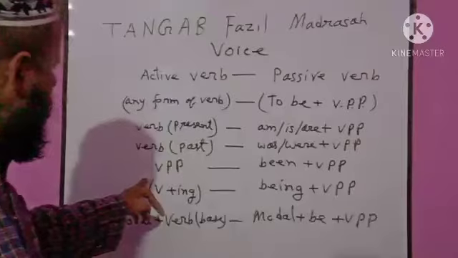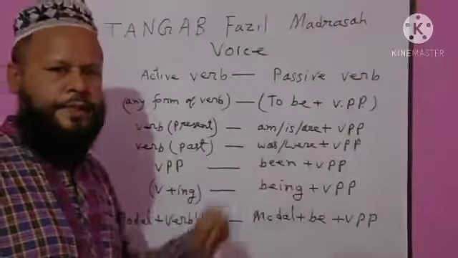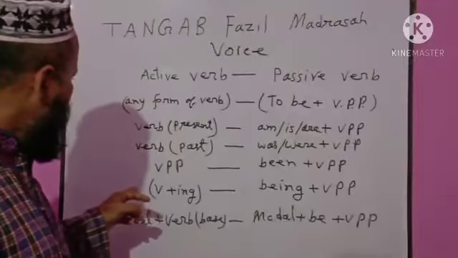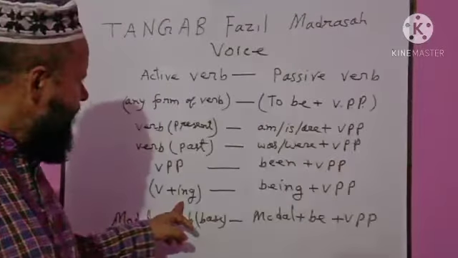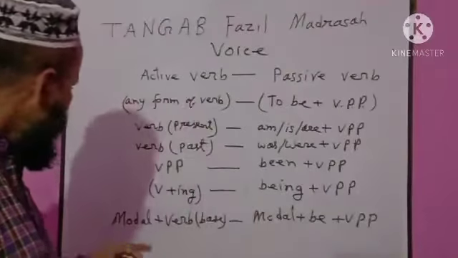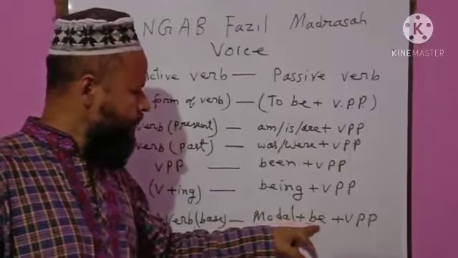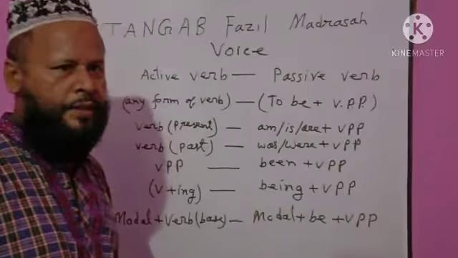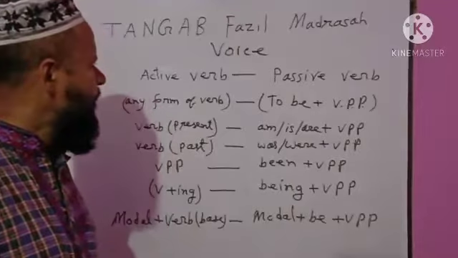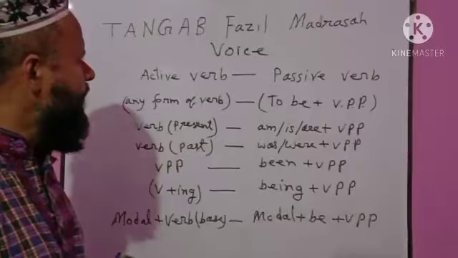Verb past participle: been plus verb past participle. Verb plus ing: being plus verb past participle. And modal plus verb base: modal plus be plus verb past participle. You should memorize the 5 structures of changing verb from active verb into passive verb.